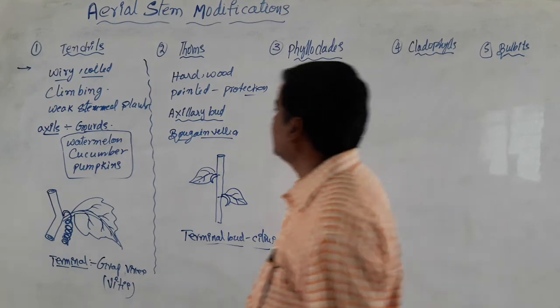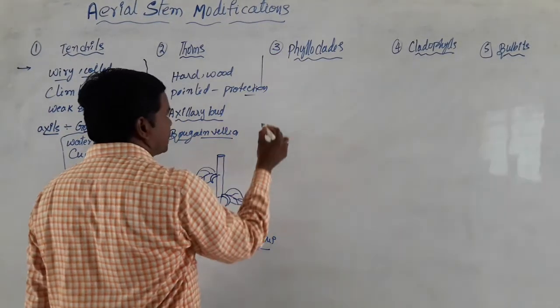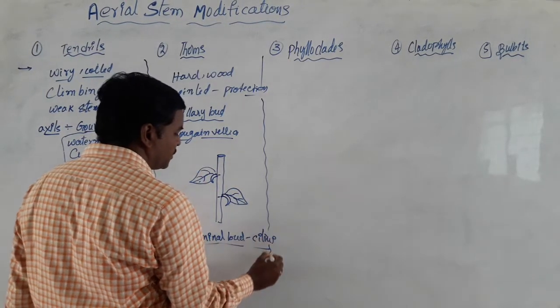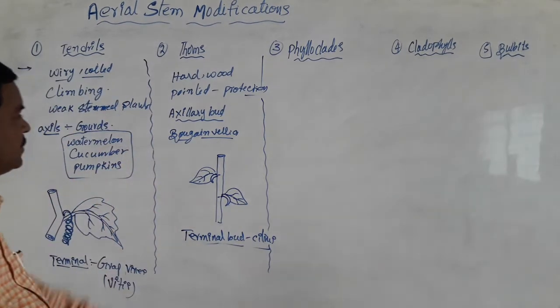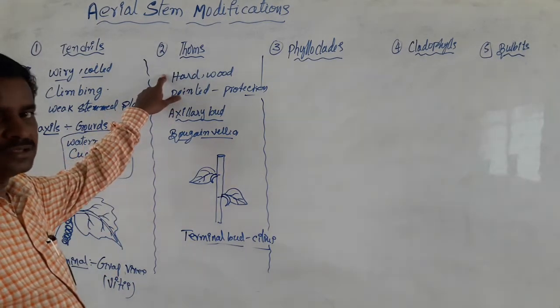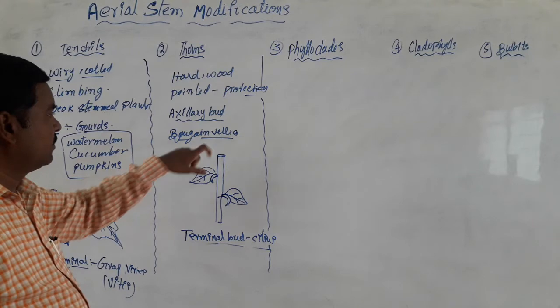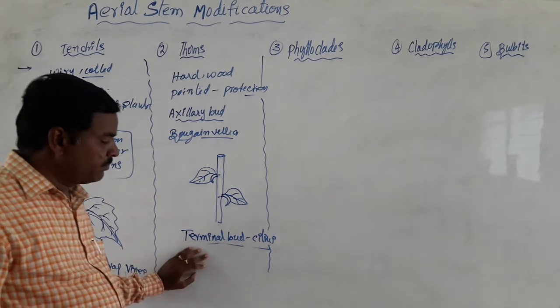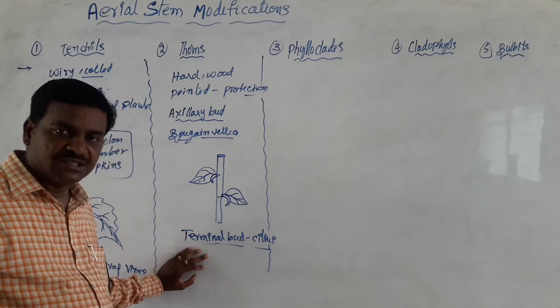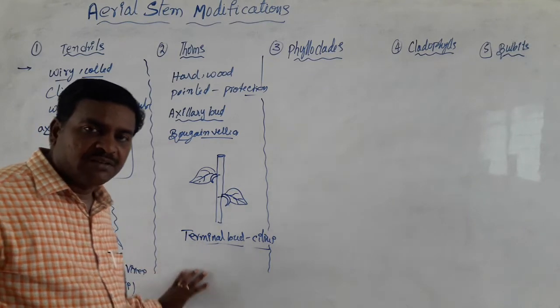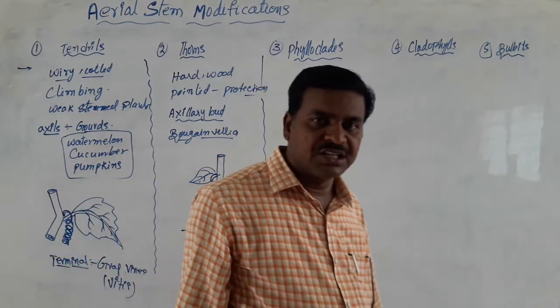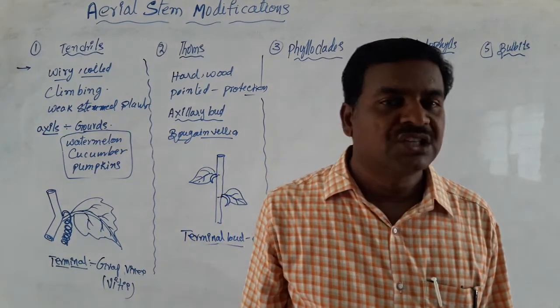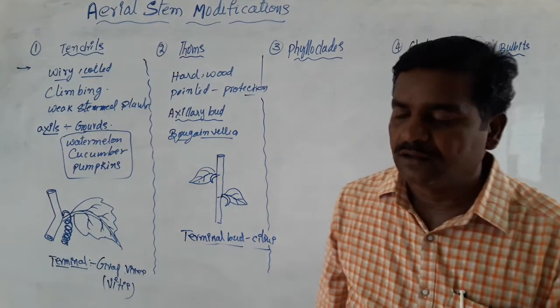Anyhow, hard and woody pointed structures that maintain protection in plants are considered as thorns. They are developed from axillary buds in bougainvillea but from terminal bud in citrus. Thorns of bougainvillea are curved structures and not only help in protection but also help in climbing.